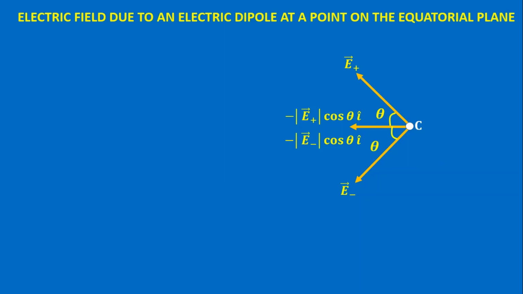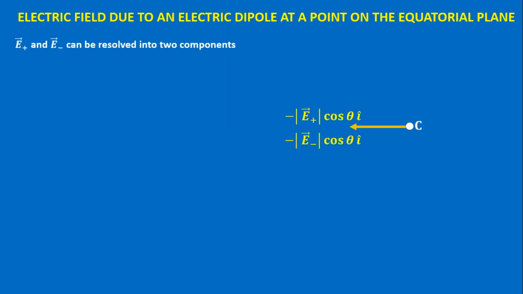We have only minus modulus of E plus vector cos theta i cap and minus modulus of E minus vector cos theta i cap along the negative x-axis, that is opposite to the electric dipole moment vector.